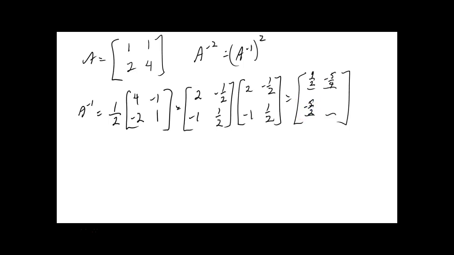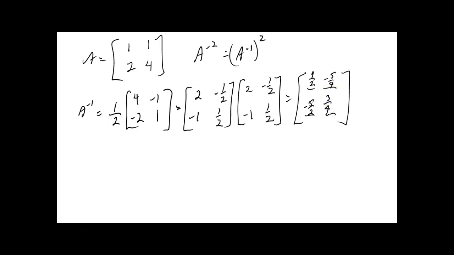Okay, and the 2, 2 entry. Second row, second column. It'll be 3/4. 1/2 plus 1/4 is 3/4.